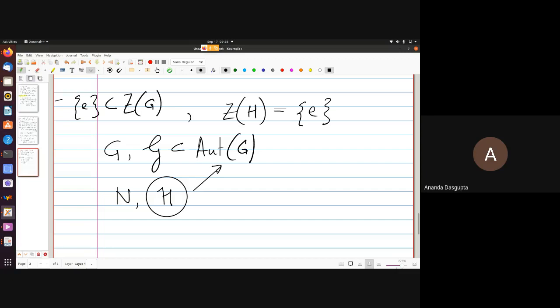You need a set of automorphisms, right, of G. So how do we get that? Or automorphisms of N at least. So everybody knows what inner and outer automorphisms are? Yes? No?